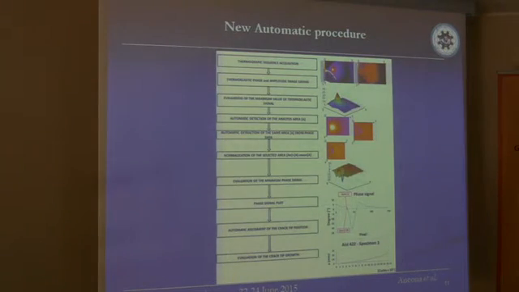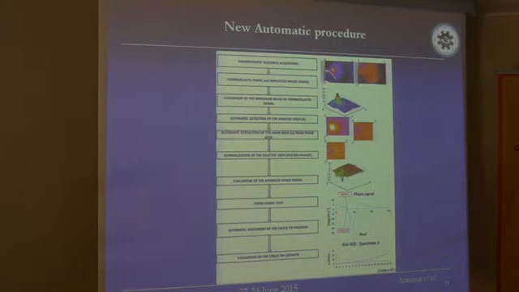In this scheme, we can see the new automatic procedure that we want to propose. The first step is the thermographic sequence acquisition, in order to obtain the signal amplitude and the phase image.